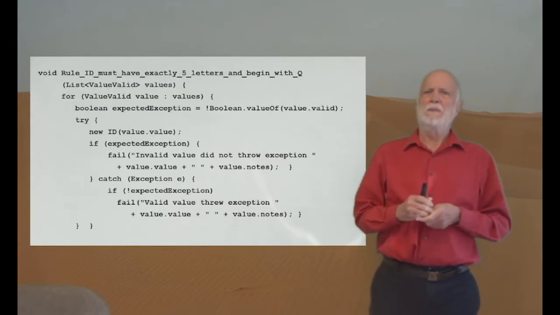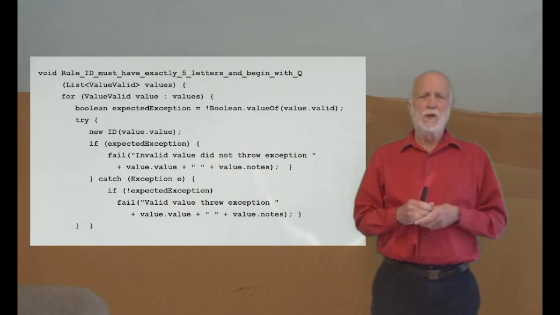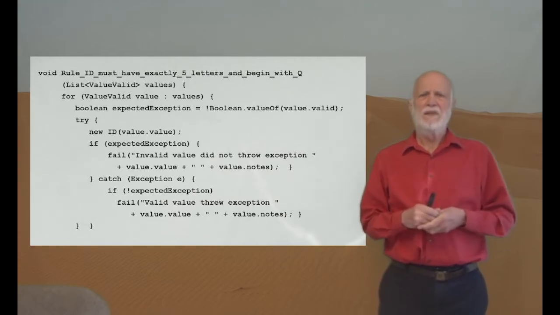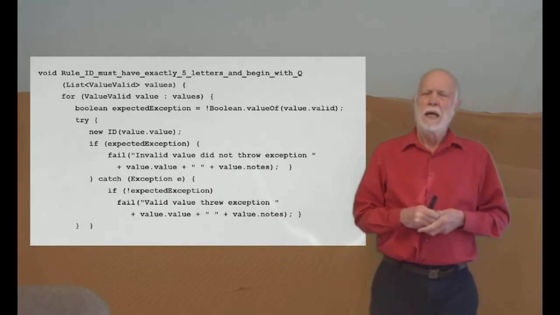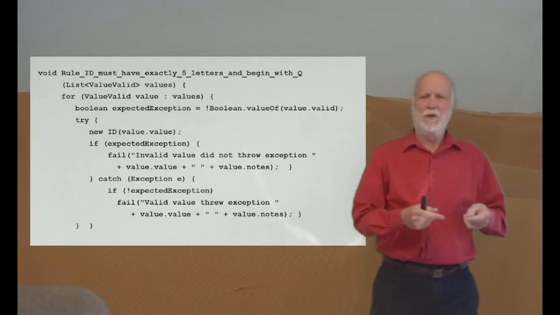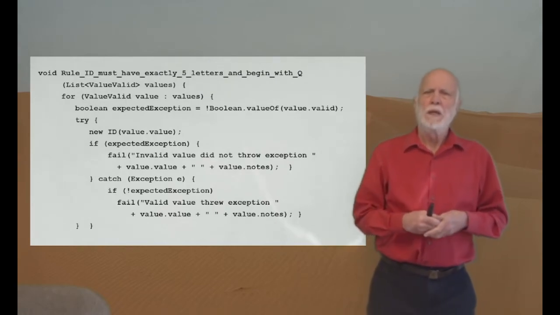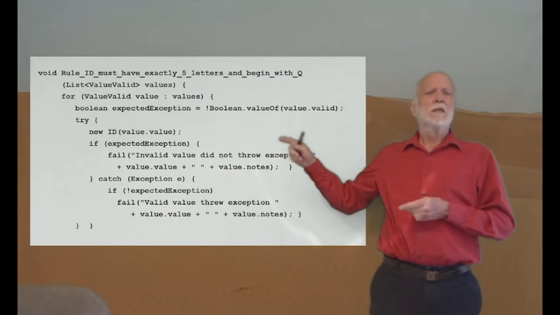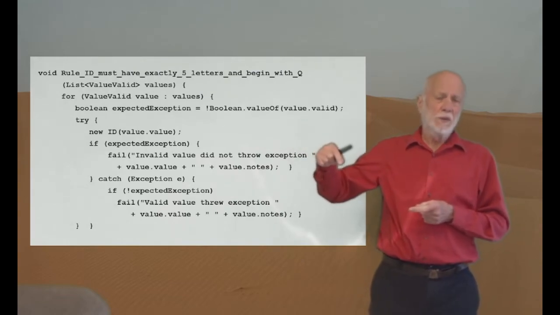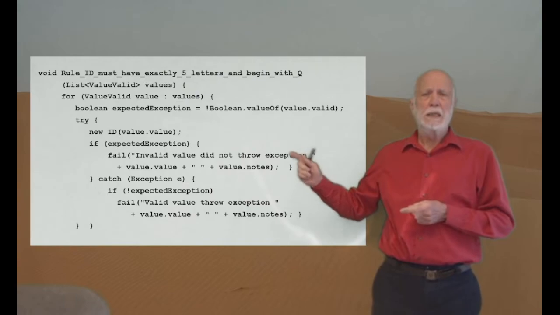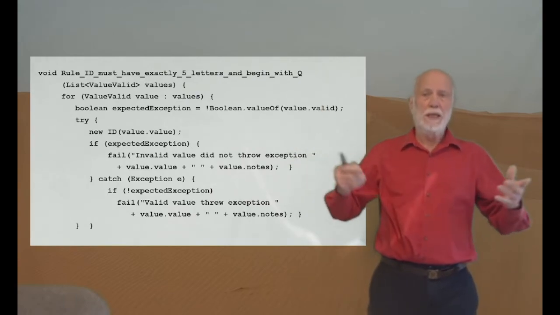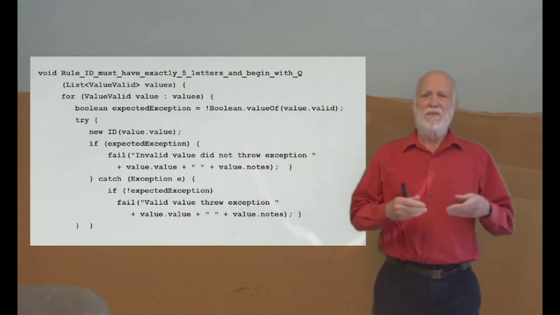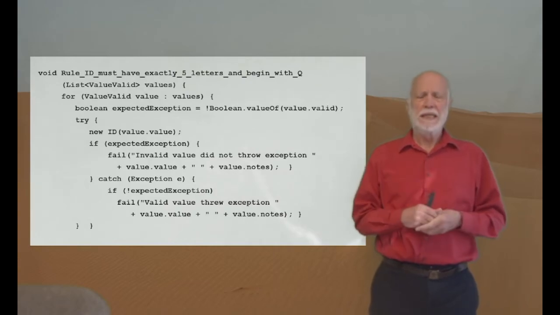Now, here's our rule: ID must have exactly 5 letters. Our glue code is passed that list of values. Now, we're not going to use the internal format here. We're just going to show that we've got 2 strings, the valid value string and the valid string, and we'll use the Boolean to translate that valid into a Boolean.